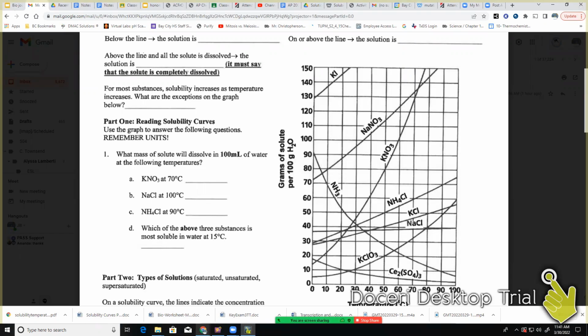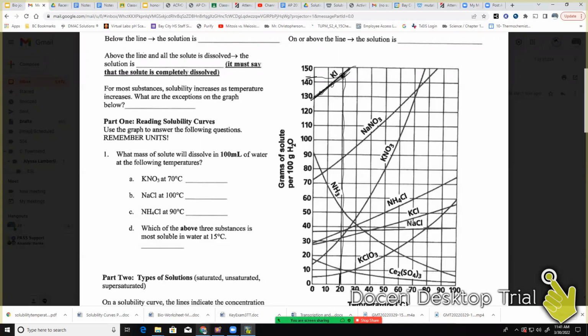So for instance, this line represents the solubility of KI, potassium iodide. Any points on this line are representing a saturated solution. So if I'm at 20 degrees Celsius, I'm going to go up until it hits that line about right there and come over and estimate, maybe about 145 grams.